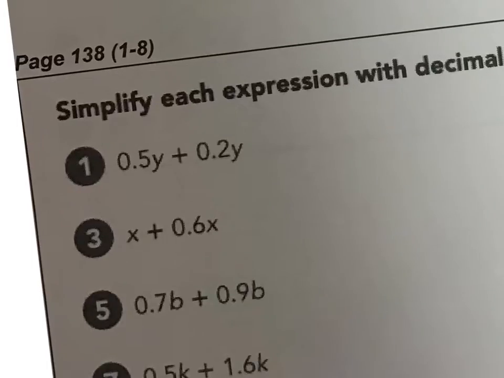All right, here we go. So, oops, sorry. Okay. So 0.5y can be combined with 0.2y. So 0.5 plus 0.2, just add those together. This will be 0.7y.